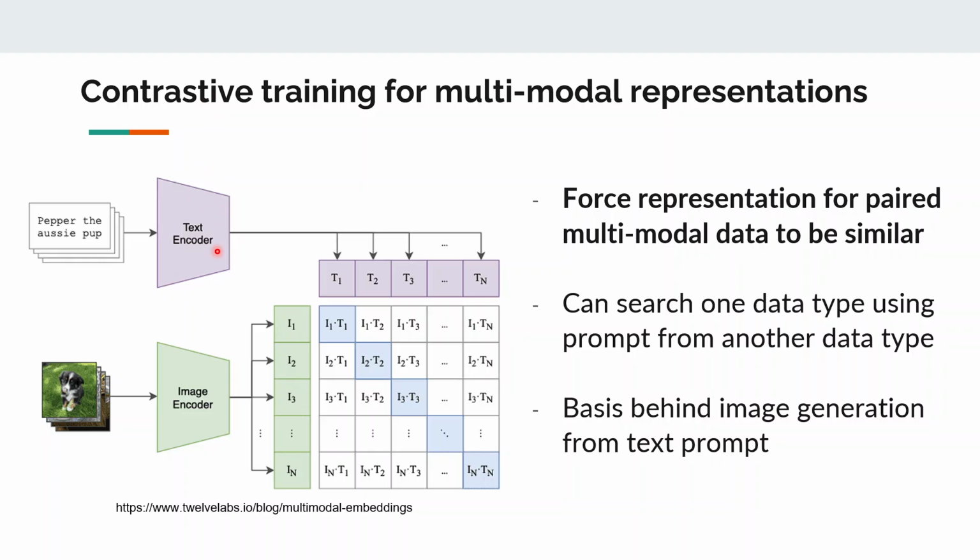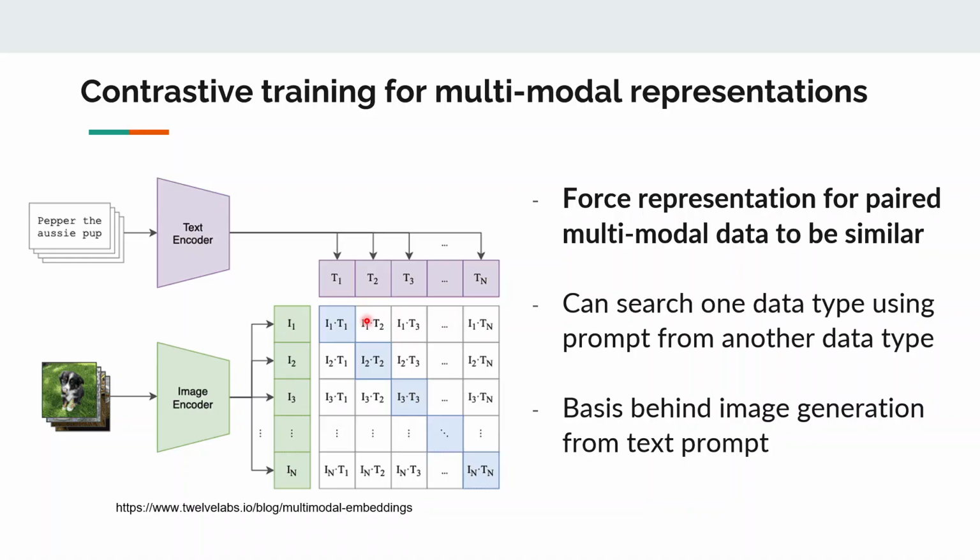When we train the AI that does the generation, if you have a pair of an image and a caption, like this image has an Aussie dog, you can train the model so that when it creates numbers, the embedding, for the caption and the embedding for the image, we want the model to map the corresponding text and image to the same numbers.